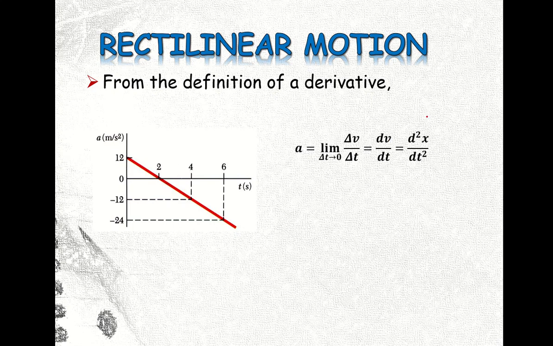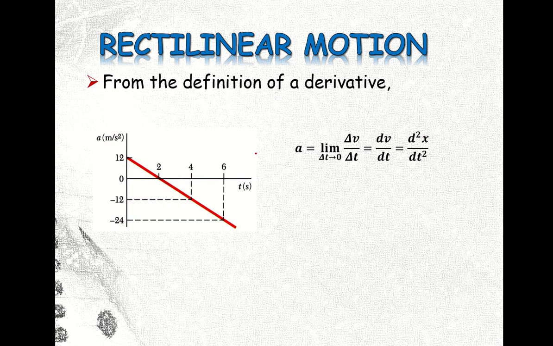Or if you look at x, the position, we know that if you have x as a function of time, when you take the derivative of that, the derivative is also a function. It means that you can take the derivative again of that function. So we call it the second derivative of the position x.